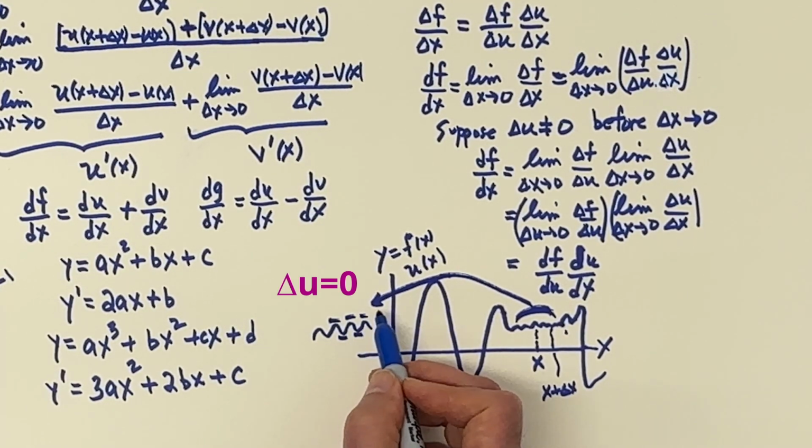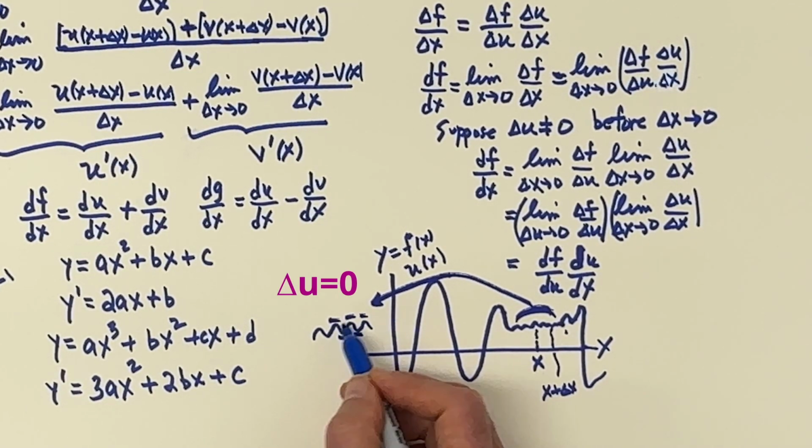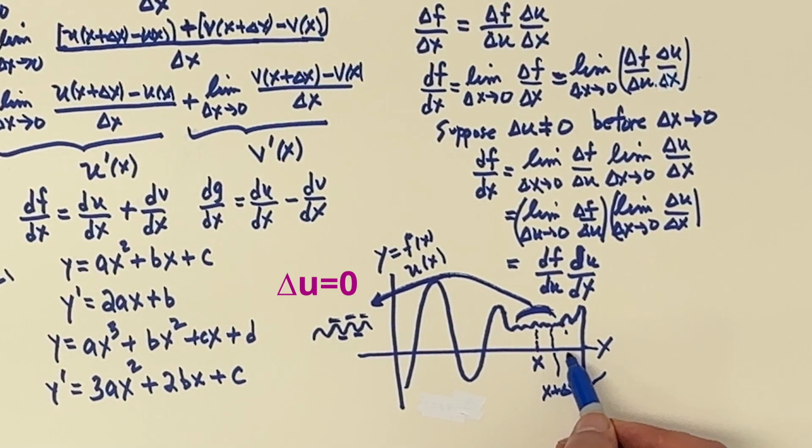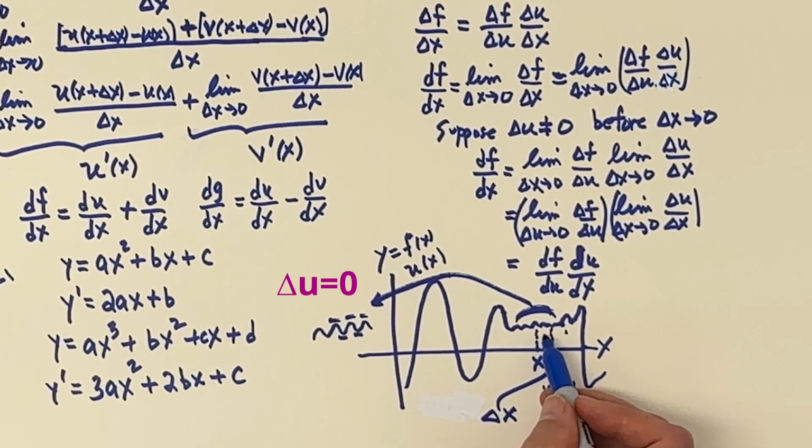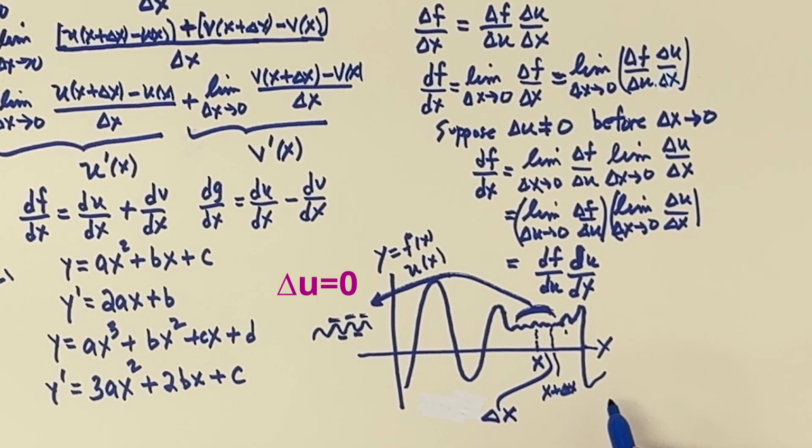Well, that means delta u is 0 a lot of times as I slide here, delta x going to 0. Because you can think of this as the delta x, this region in here. And as that goes to 0, we're in big trouble. So we have to have another approach.